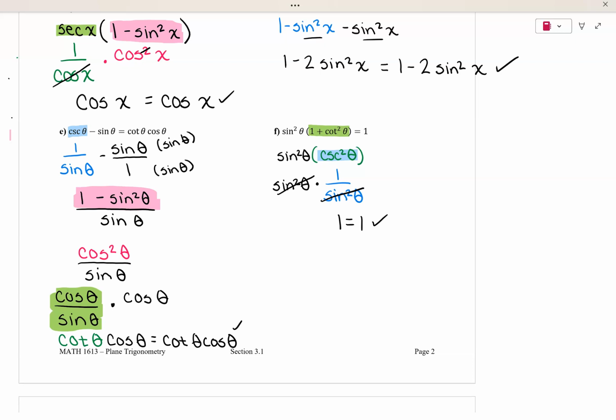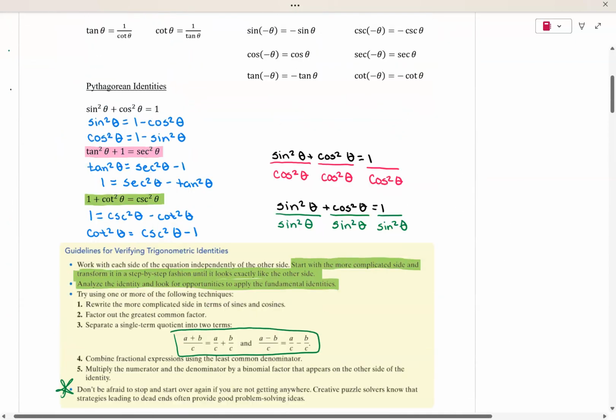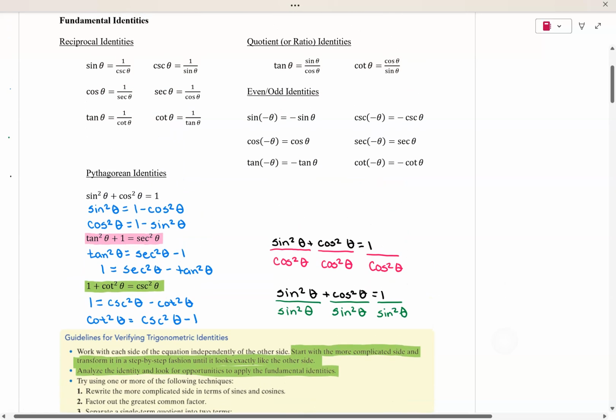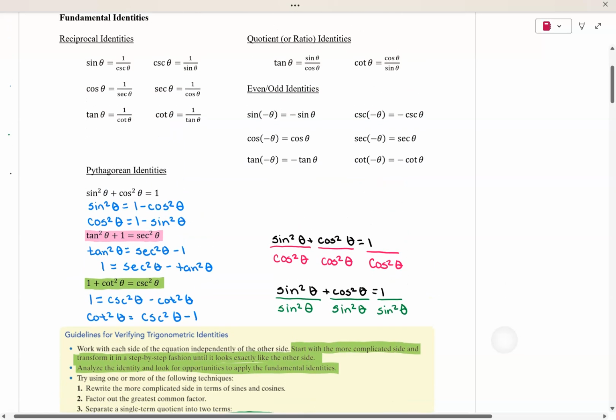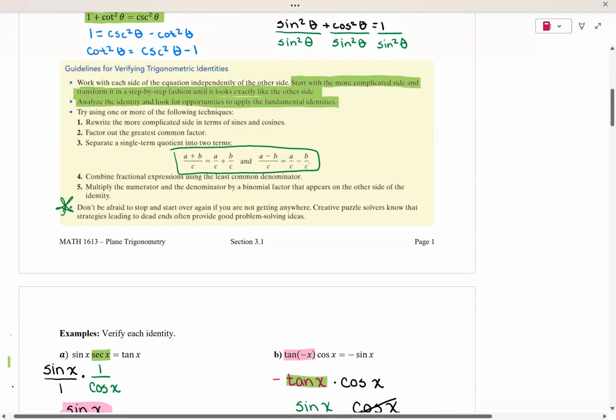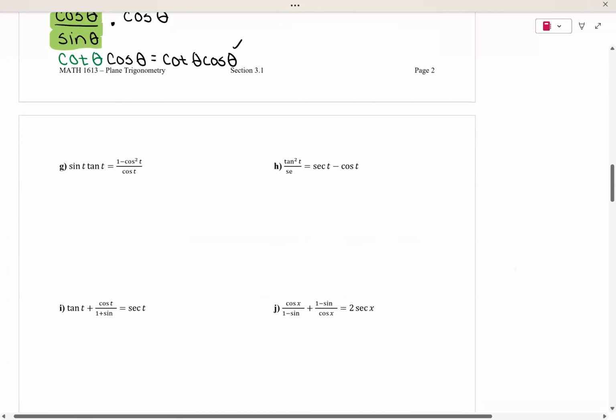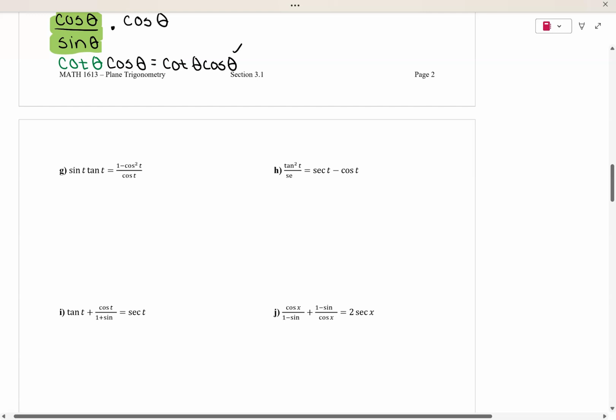Okay? I hope you guys are doing okay. I'm trying not to go too fast, but everything that we're using is going to be off this page right here, besides our algebra skills. Okay? So let's go to page 3.